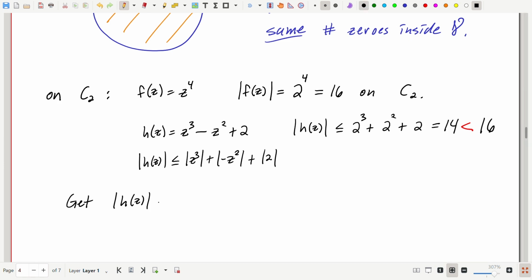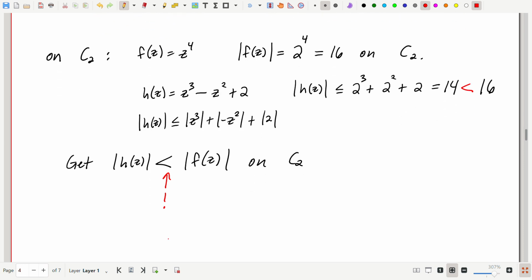So this is strictly less than f of z on C2. So it's critical that this be a strict inequality for this to work. So that means we conclude that f and f plus h have the same number of zeros.